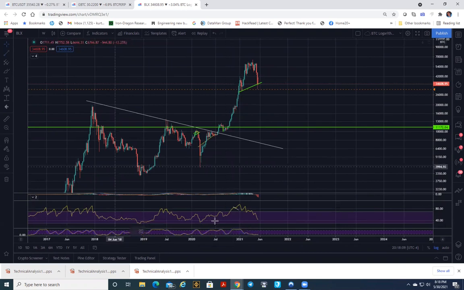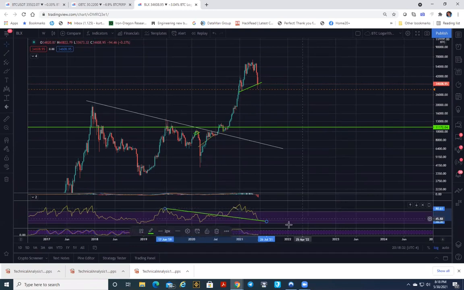So this is the other thing that I was saying earlier, the divergence that we have going on right here. Actually, if you draw this through, that line's a little thick, but everything I keep looking at on this weekly looks like we're at the bottom.